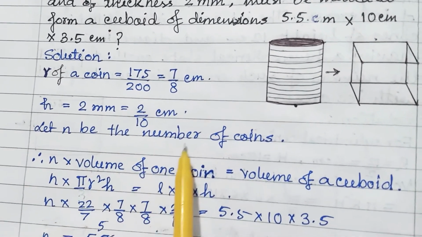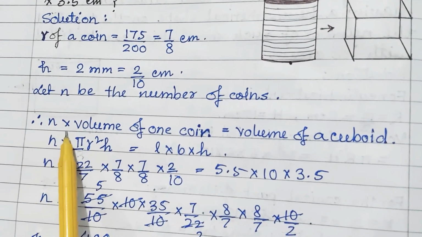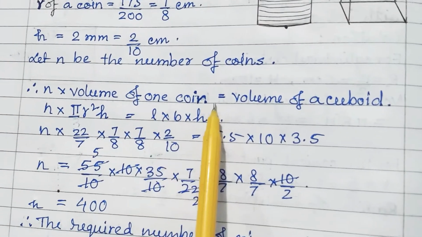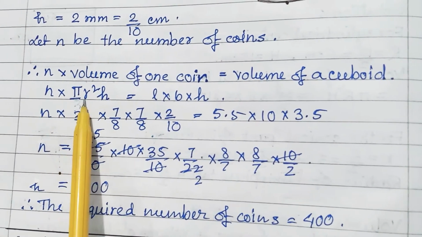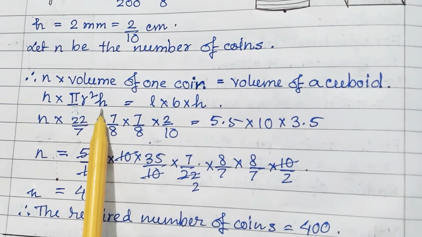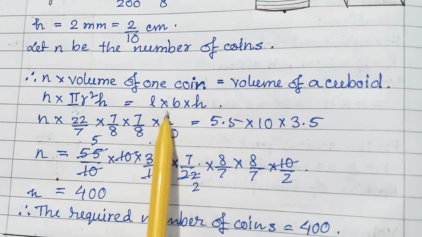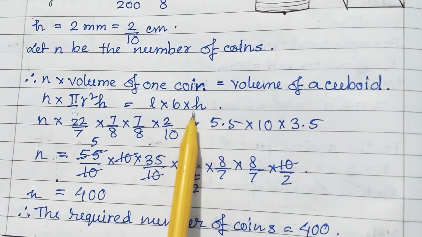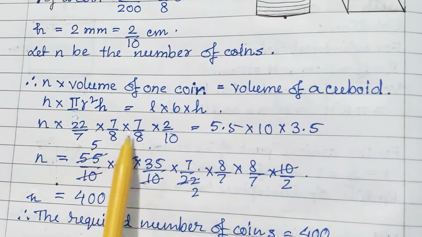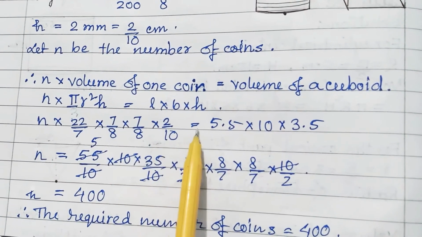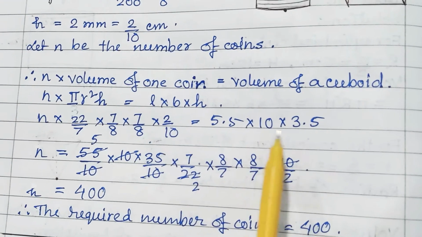Let n be the number of coins. So n into the volume of one coin is equal to the volume of the cuboid. So n into pi r square h, the volume of one coin, is equal to length into breadth into height, the volume of the cuboid.